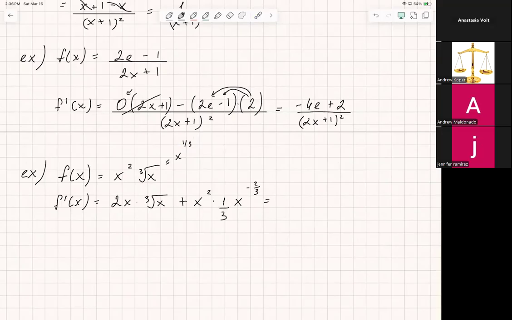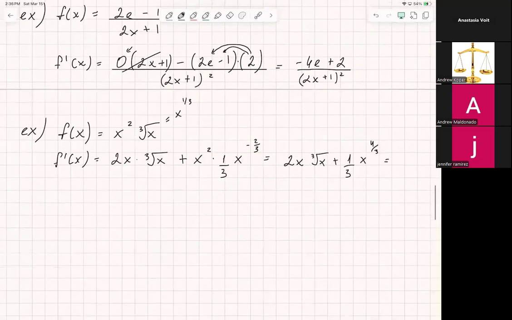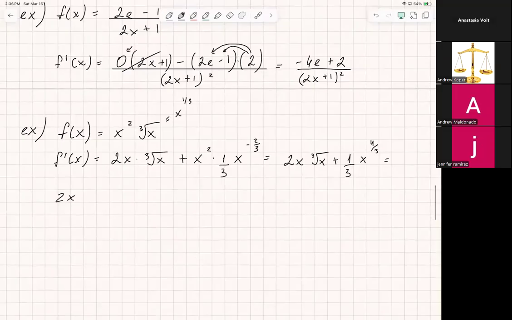So now let's simplify it. We have 2x cube root of x plus 1 over 3 x to the... So we have the second power and negative 2 over 3. That's going to be 4 over 3, right? And we have 2x cube root of x plus 1 over 3 x to the power of 4 over 3.